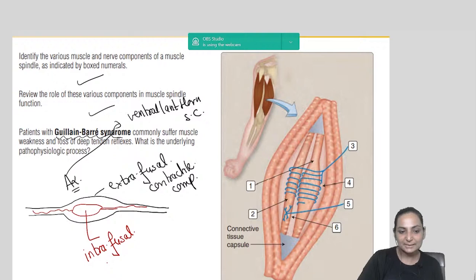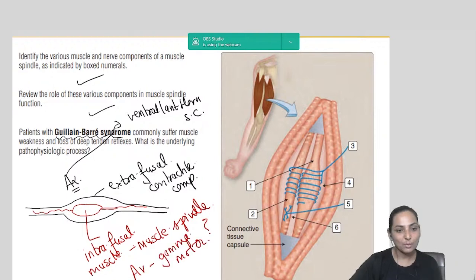So this intrafusal muscle fiber is our muscle spindle, and its efferent is the gamma motor neurons. Where are these gamma motor neuron cell bodies present? They are also present in the ventral horn of the spinal cord.